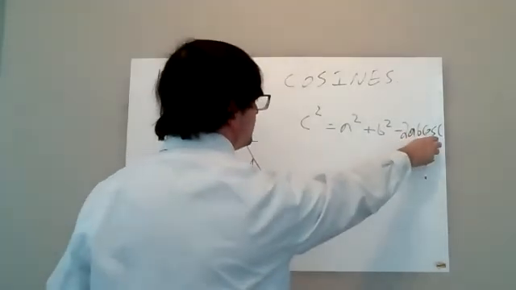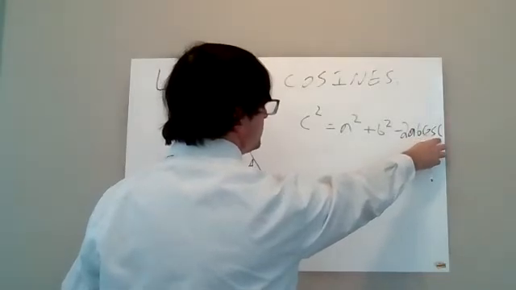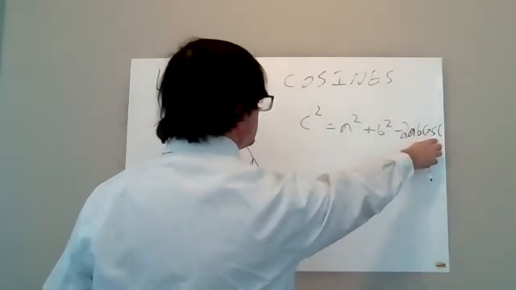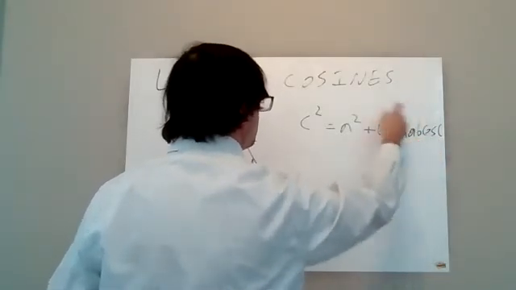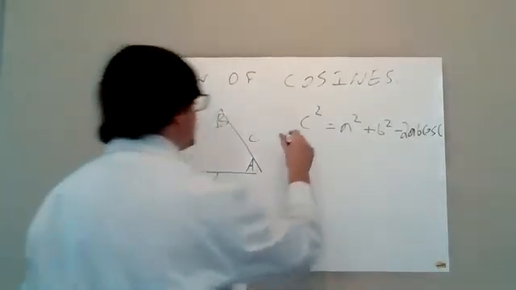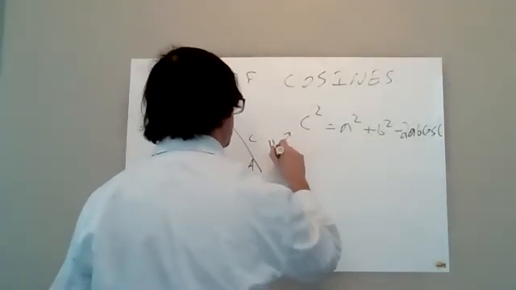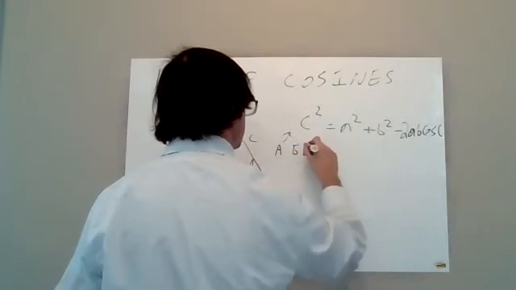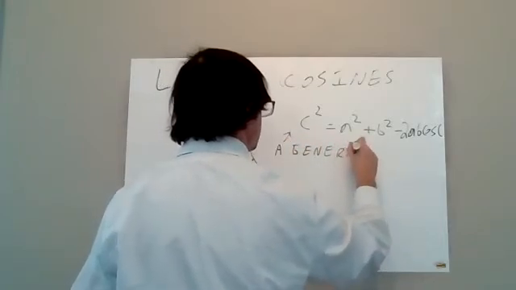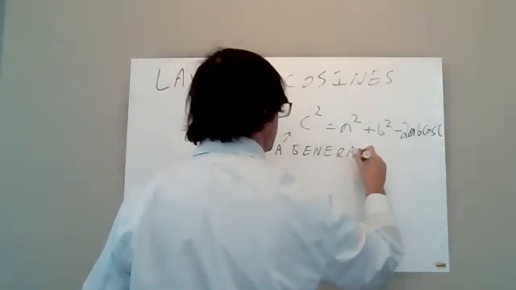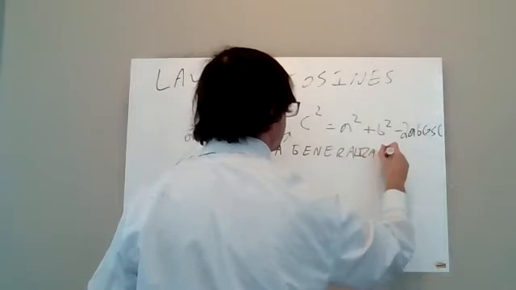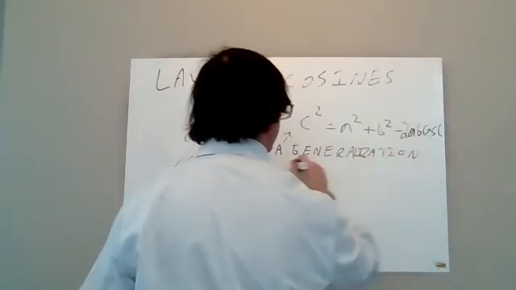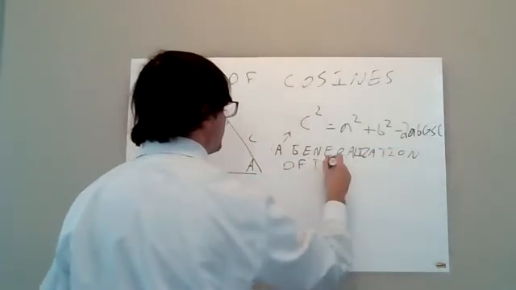The cosine of pi over 2, of 90 degrees, is 0. So this term will go away. So you can think of this as a generalization of the Pythagorean formula.